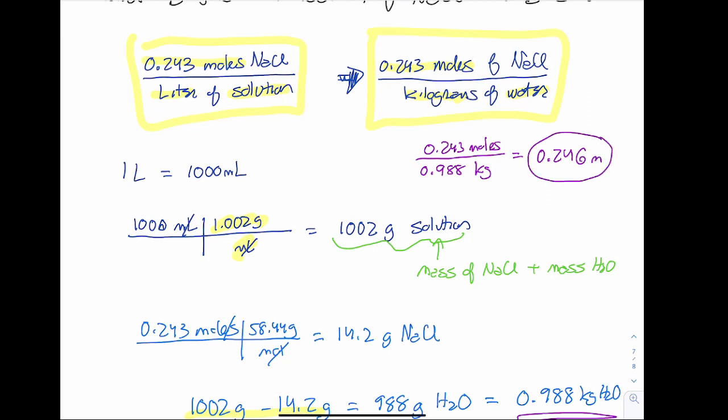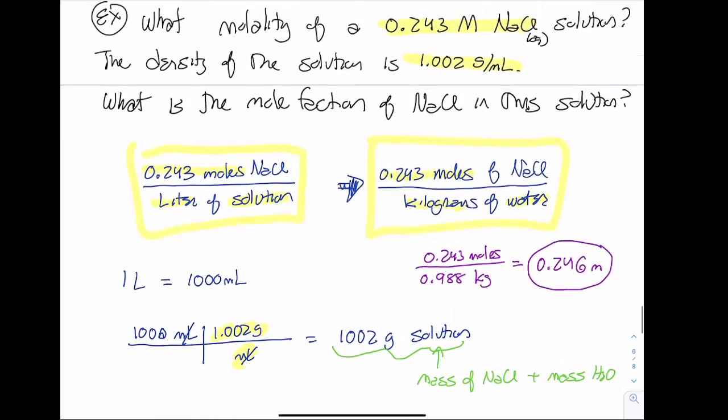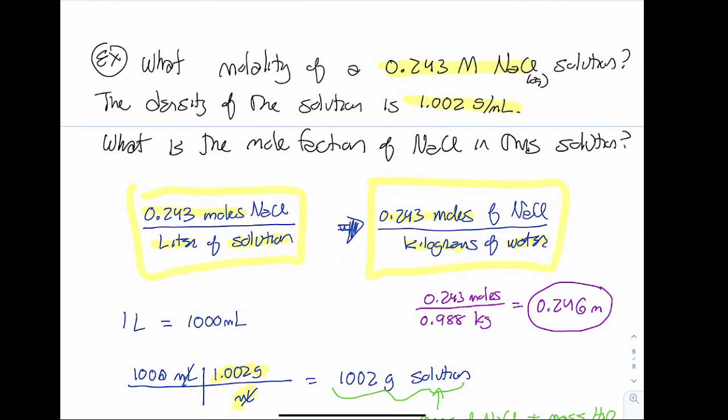Lowercase m as my abbreviation for molality. So what is the molality of a 0.243 molar solution? It is 0.246 molal.